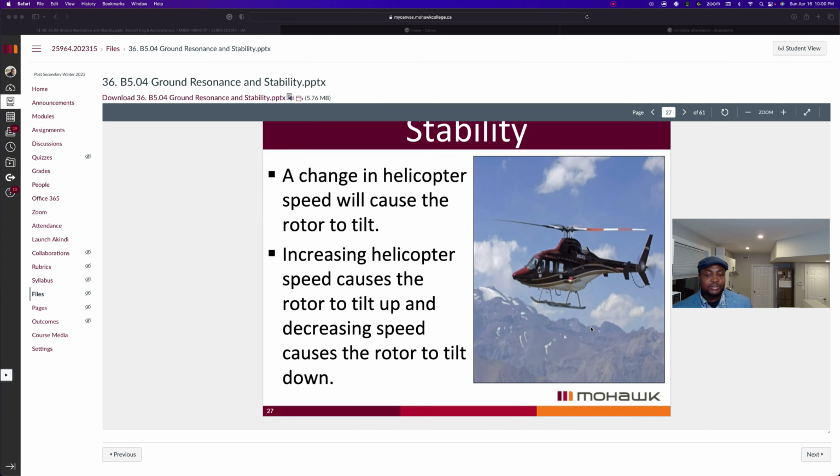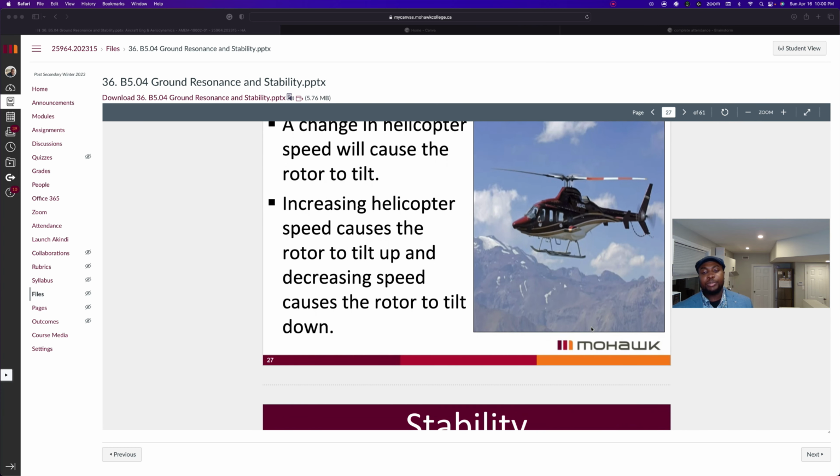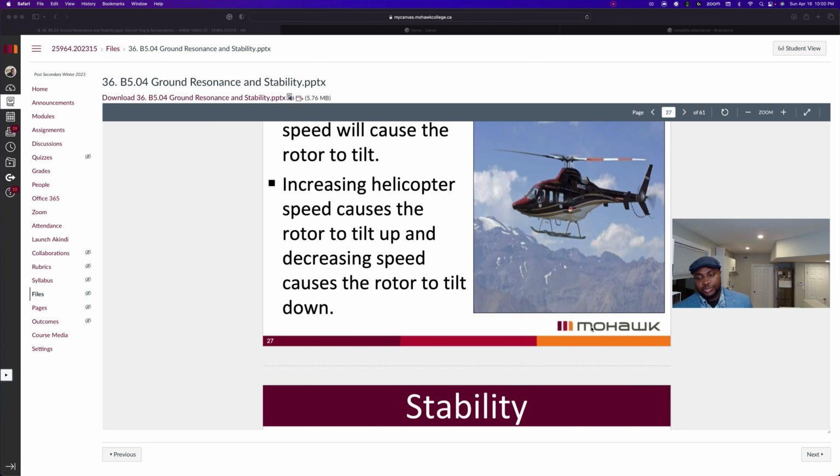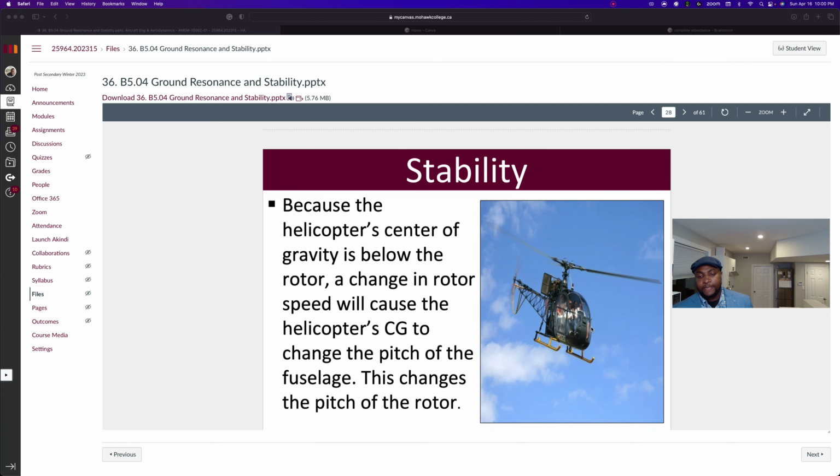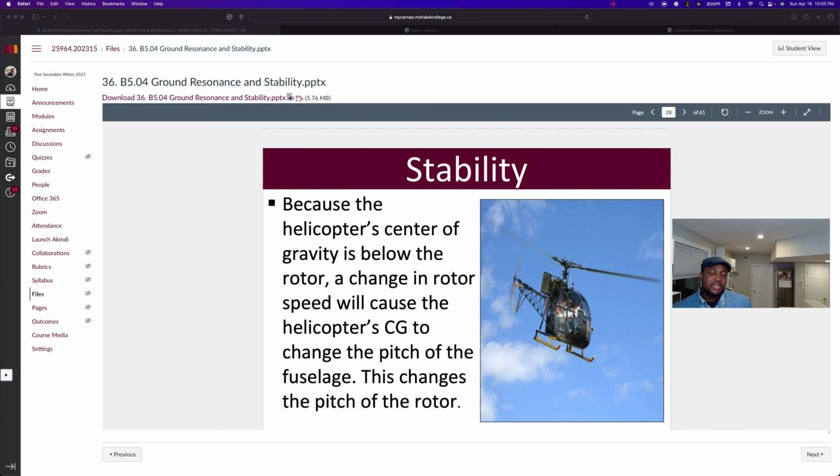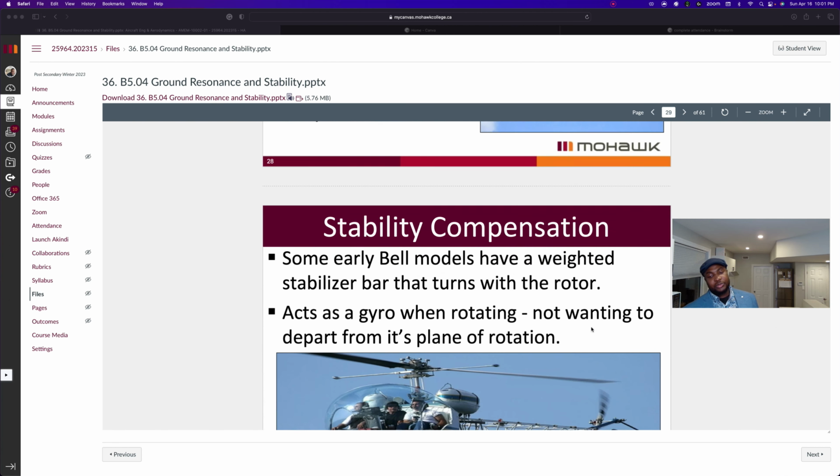Increasing the helicopter's speed causes the rotor to tilt up, and decreasing the speed causes the rotor to tilt downwards. Because the helicopter's center of gravity is below the rotor, a change in this rotor speed will cause the helicopter's CG to change the pitch of the fuselage, and this changes the pitch of the rotor.